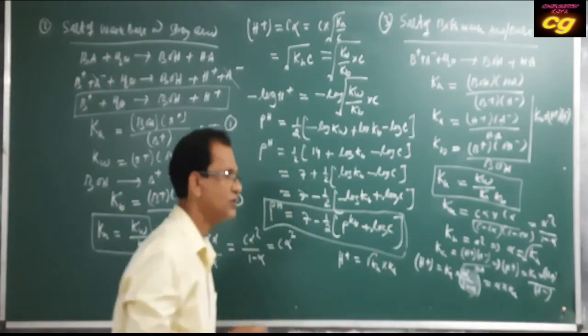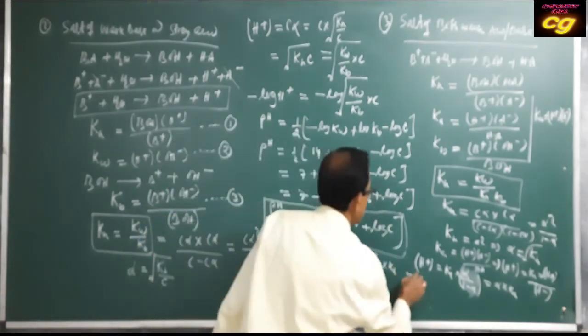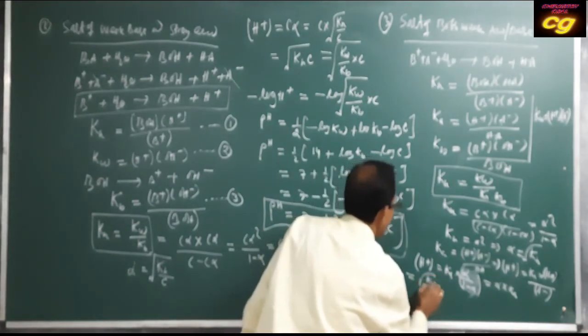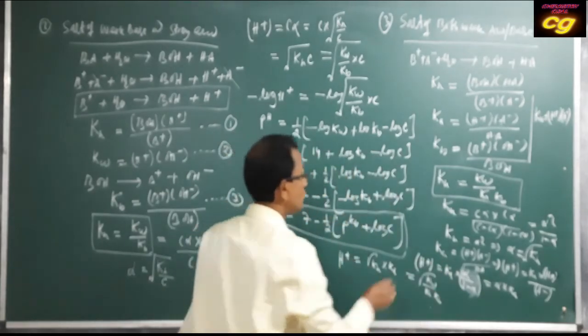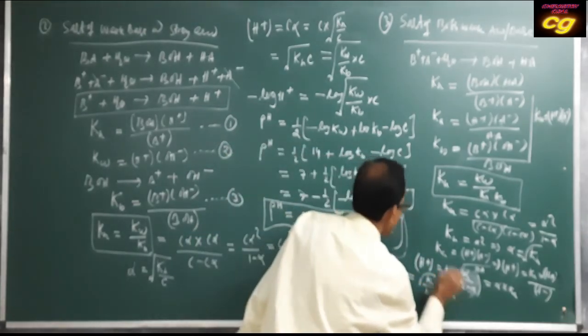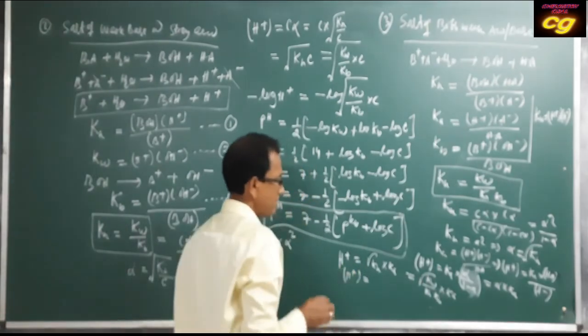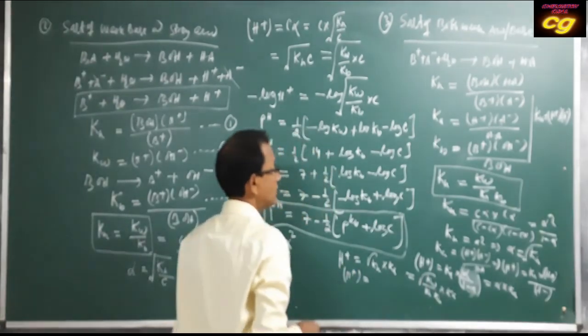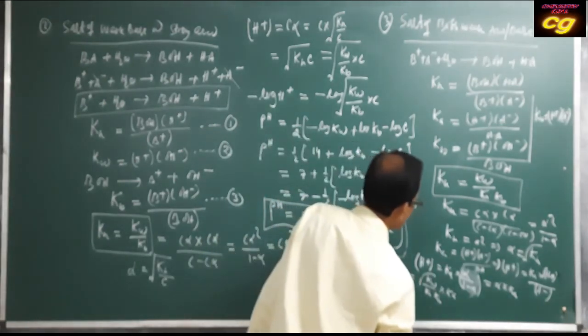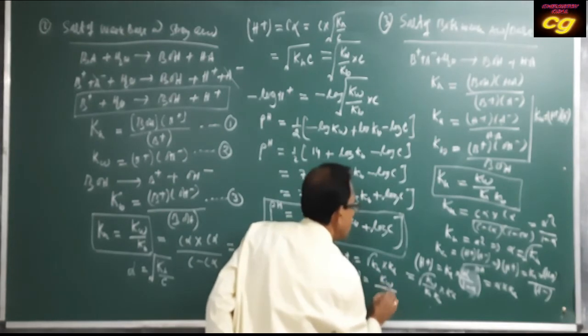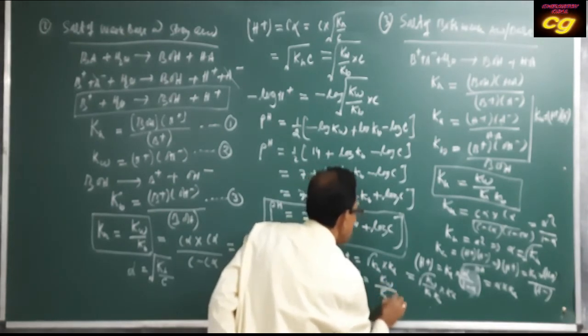When you put this value, already you know Kh value, square root of Kw upon Ka into Kb, into Ka. Then the result, H plus concentration, will be square root of Kw Ka upon Kb.